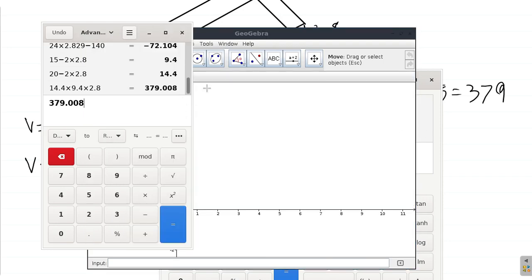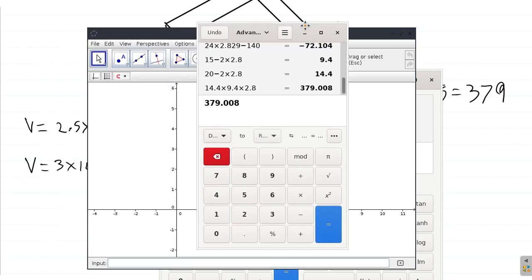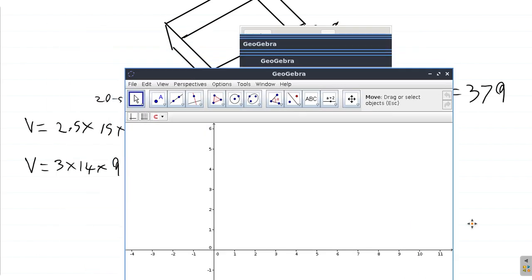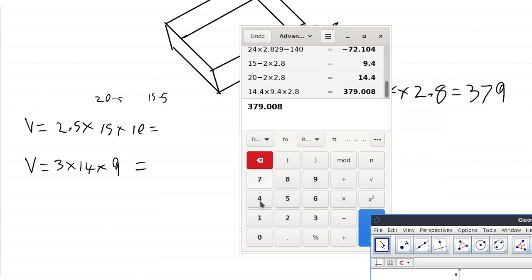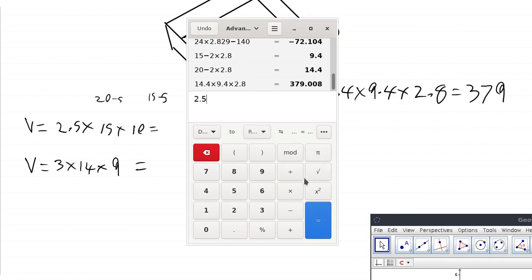So here now, the values we're looking at. Let me get GeoGebra out of the way, and this other calculator too. The values we're looking at are 2.5 by 15 by 10. All right, it dropped from 379 down to 375.